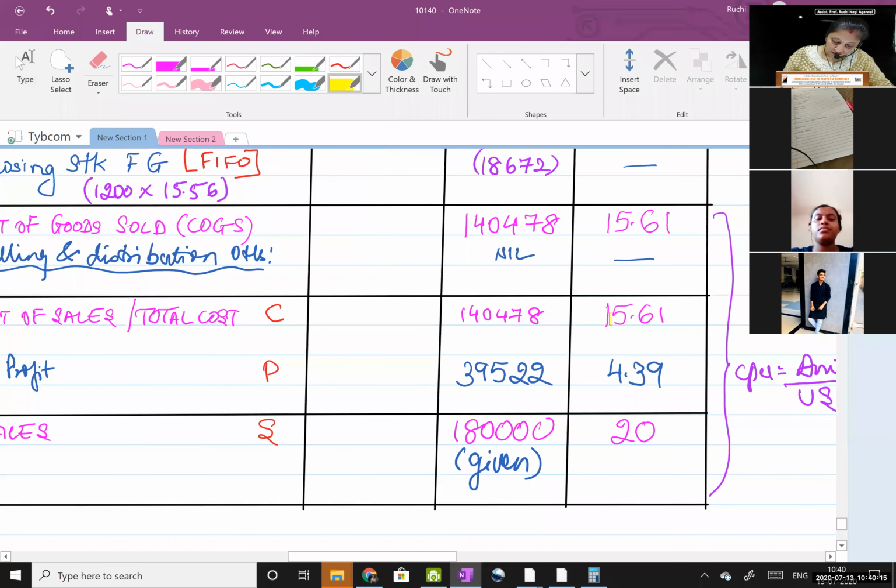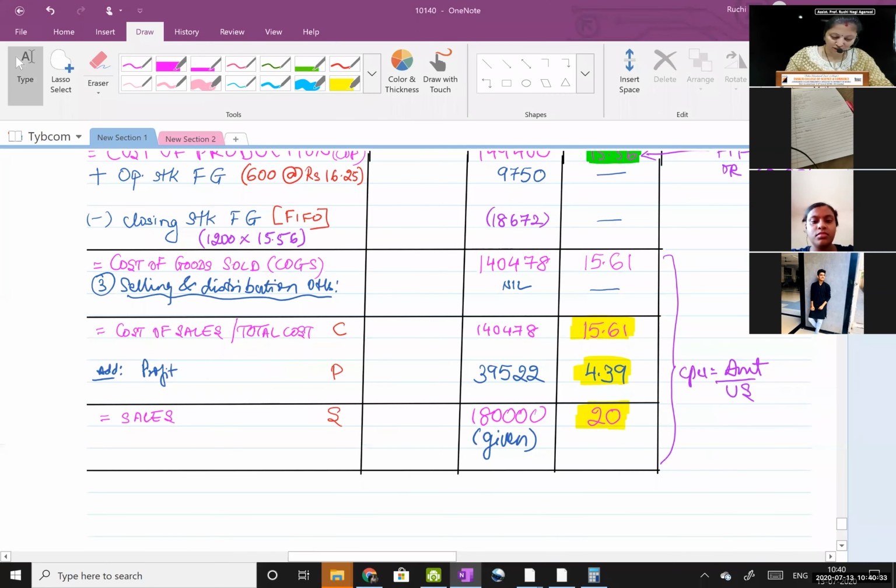See, this is your cost price, 15 rupees 61 paisa. This is your profit, 4 rupees 39 paisa, and this is your selling price, 20 rupees. So this is a cost sheet. Next lecture we'll take a different question.